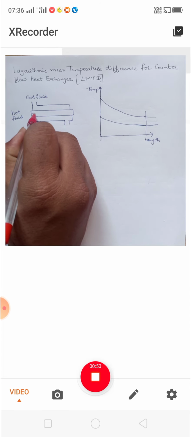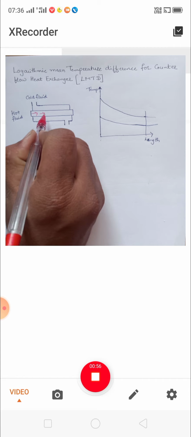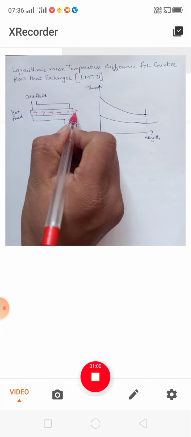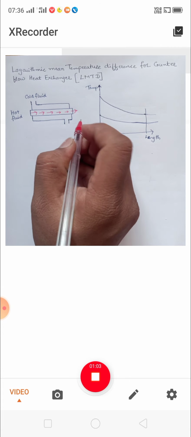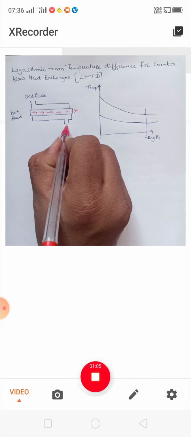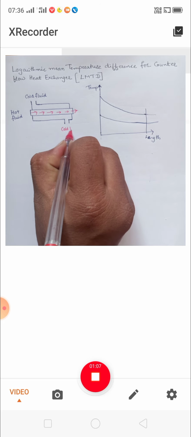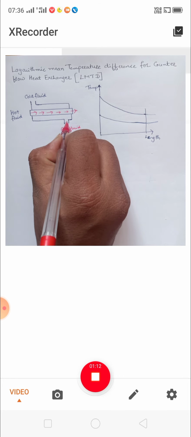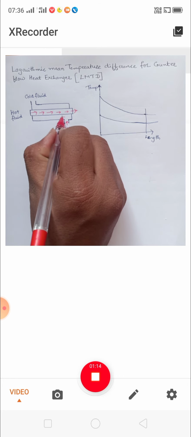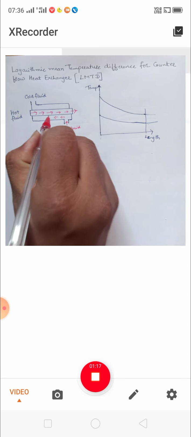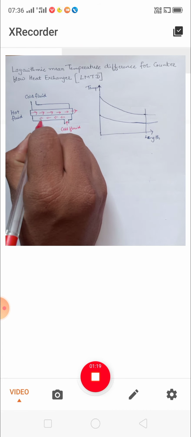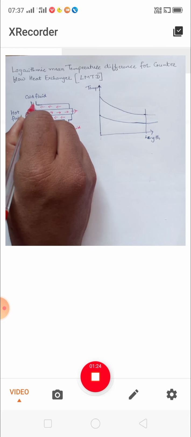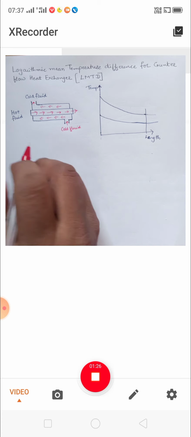See here, the hot fluid is flowing in this direction and it is exiting from the heat exchanger, whereas the cold fluid, let me write here, cold fluid, is passing in this direction, that is opposite to the direction of the hot fluid flow, and this cold fluid is exiting from this point.